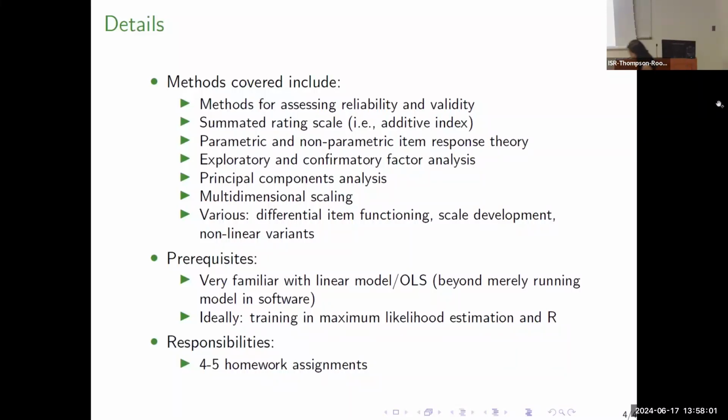Can you see if Sarah's in the participant list? And if she is, can you promote her? Answering the question in the chat, that last course was called Measurement Methods for Scaling and Dimensional Reduction, something of that nature. Thank you, Stephanie answered exactly.